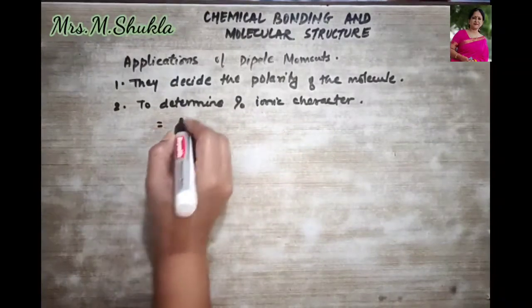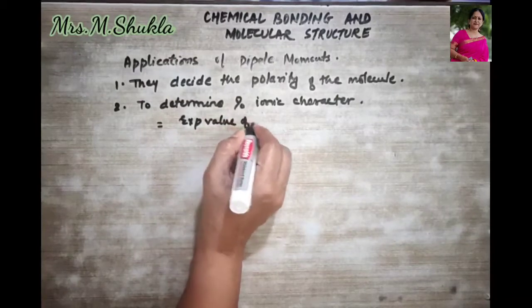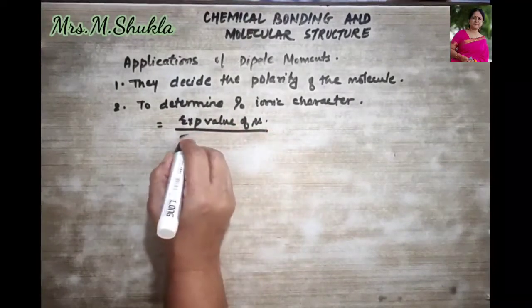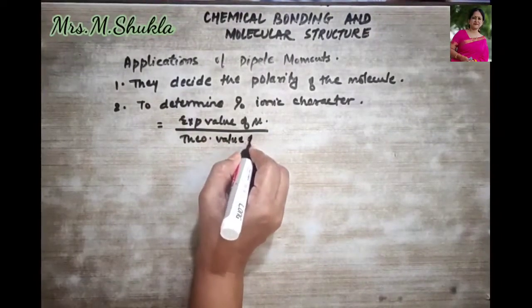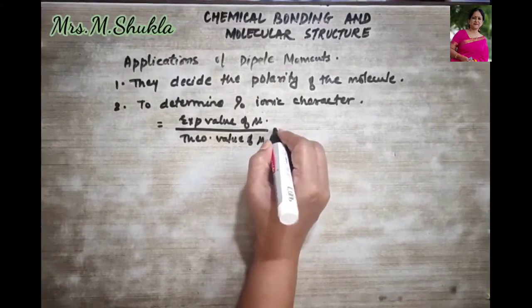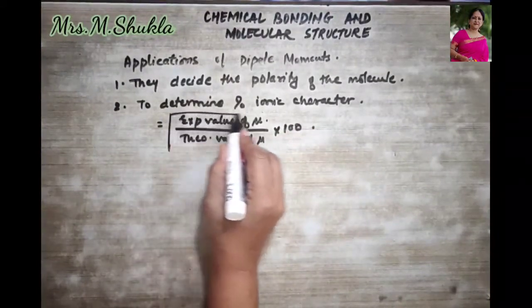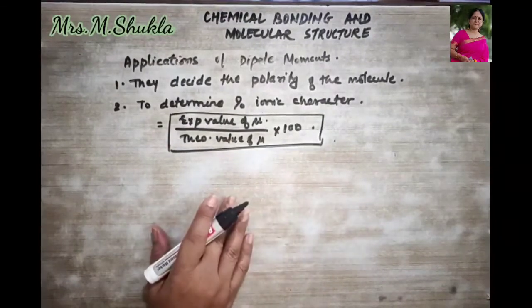That is, it is always equal to the experimental value of the dipole moment upon the theoretical value of the dipole moment into 100, right? This is the formula to determine the percentage ionic character, right?